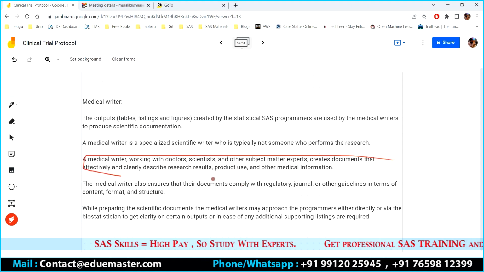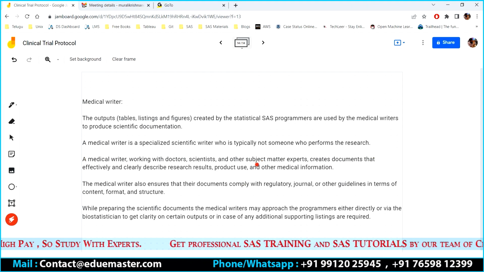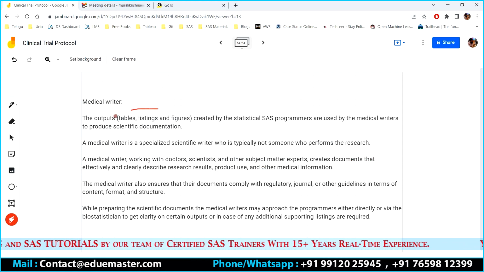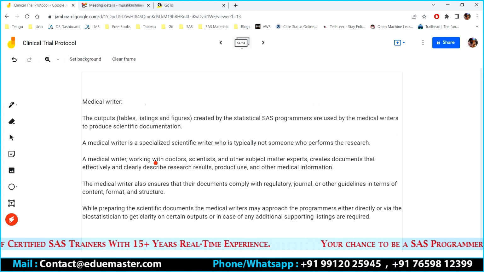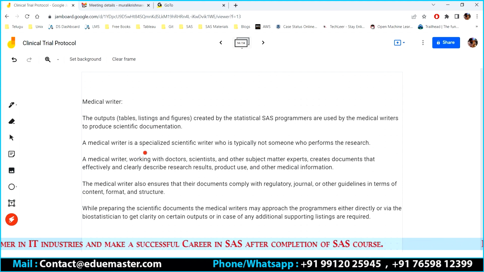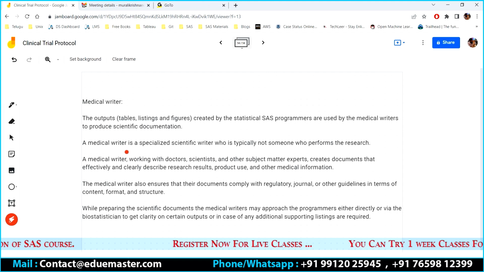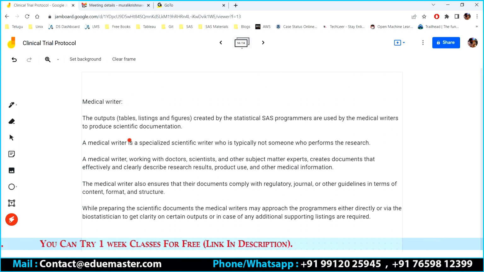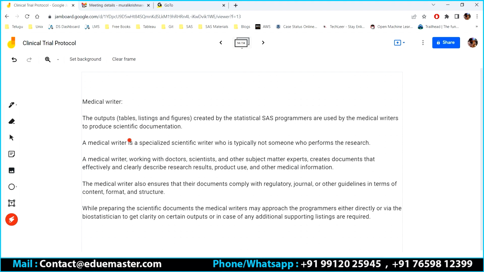And also he needs to ensure, and it is not a very easy thing, that whatever document he is preparing based on the tables, listings, and figures needs to be in compliance with the regulatory bodies. It can be EMA, or FDA, or our drug control authority, whatever guidelines they have provided, the document that is produced should be in compliance with them.